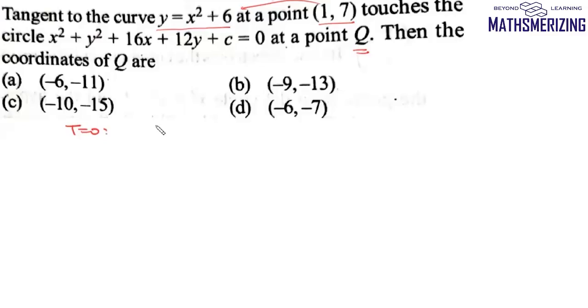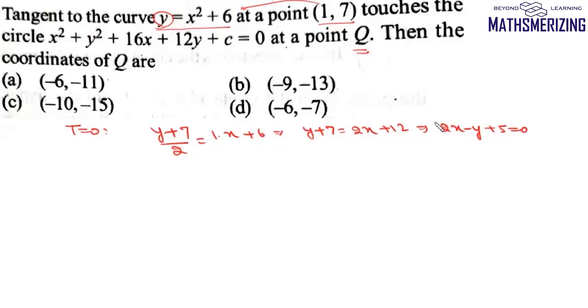So if we put T equals 0, in place of y we'll write (y plus 7) by 2, then x squared is x into x1, and then plus 6. So this is y plus 7, and this is 2x plus 12. So we can write this equation as 2x minus y plus 5 equals 0.